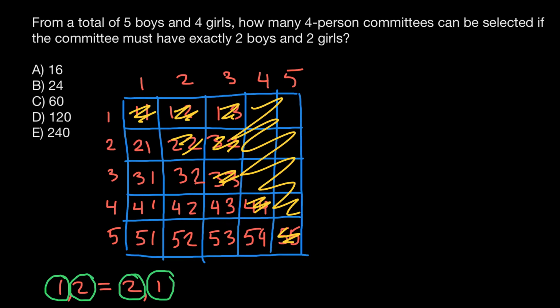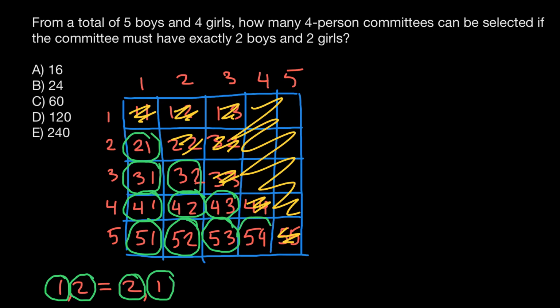Let's count how many unique combinations we have. 1, 2, 3, 4, 5, 6, 7, 8, 9, and 10. So we have 10 unique combinations of how, from a group of 5 boys, we can choose 2 boys.